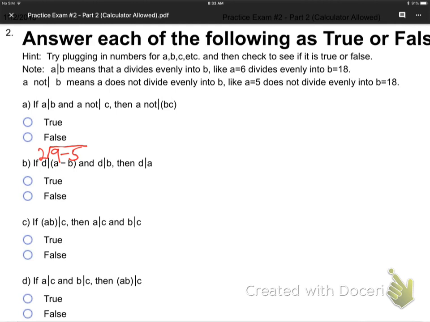So I picked a case. I'm basically trying to pick weird numbers to see if I can prove it's false. So 2 goes into 9 minus 5, right? 2 goes into 4 evenly. And D goes into B. 2 goes, B is 5. Oh, wait a minute. You got to pick the second number. So that's not going to work.